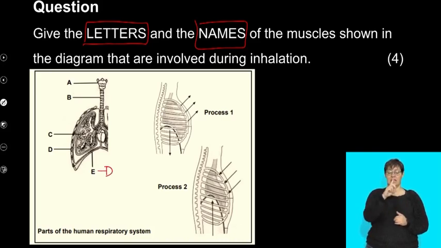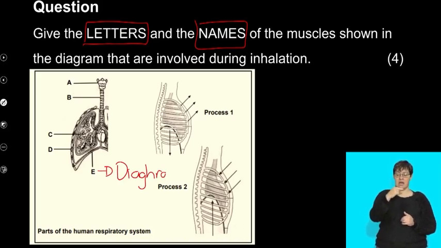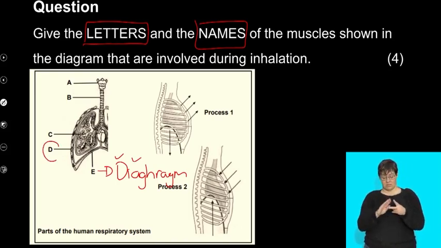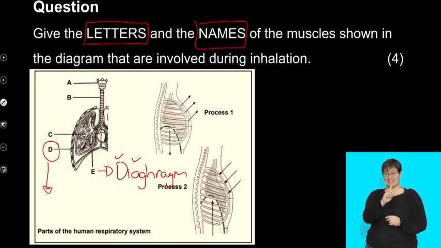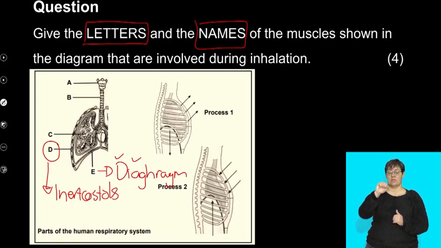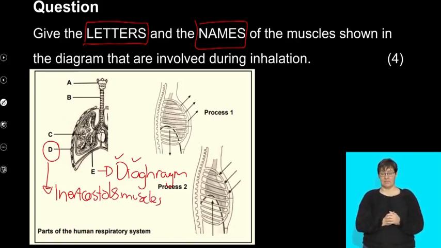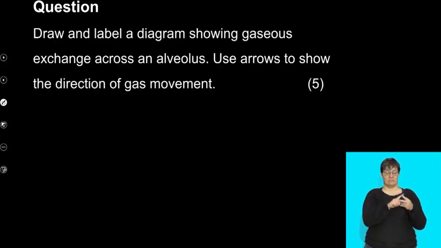That's the letter, right? The name is the diaphragm. So that's my first 2. And then my second one, my letter would be D, and the name is going to be my intercostal muscles. Right, so there I've got my 2 for my 4.